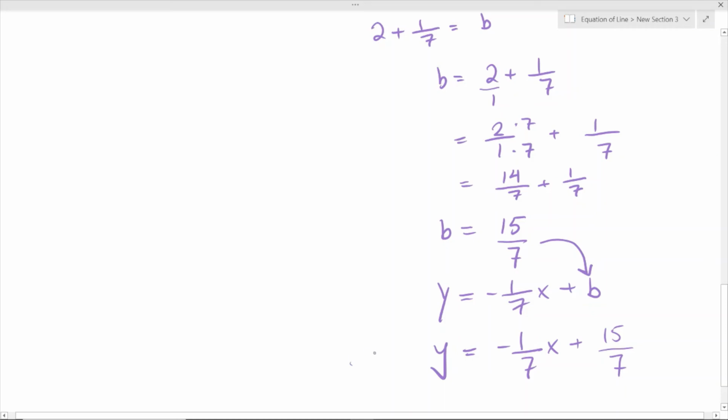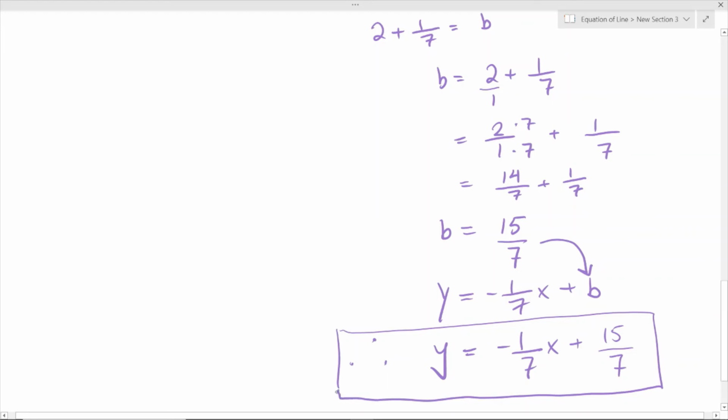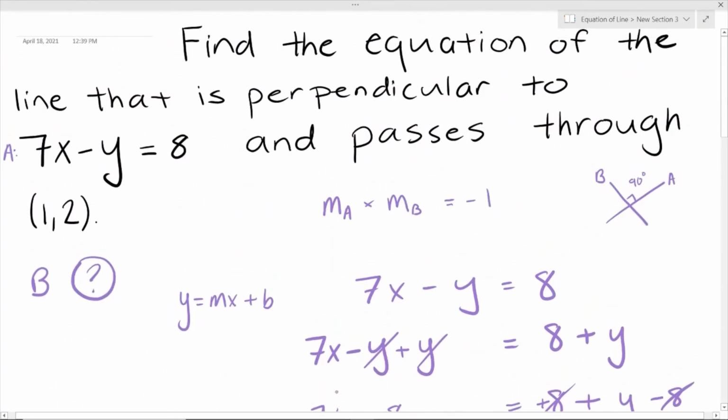And this here is our equation of the line, right? That is perpendicular to line A and passes through the point 1, 2.